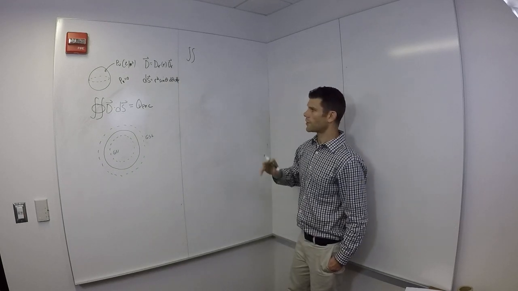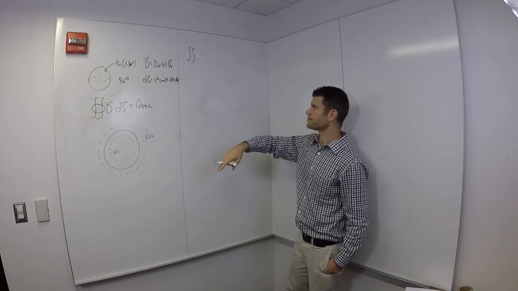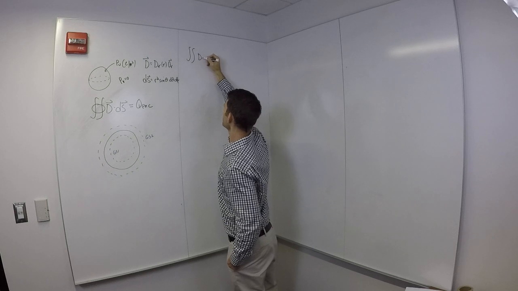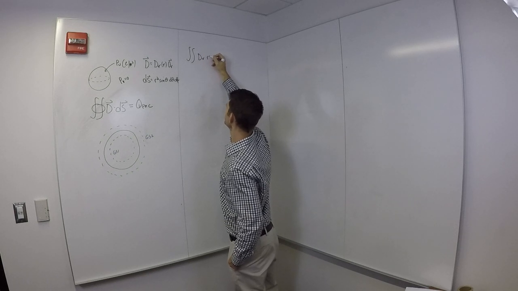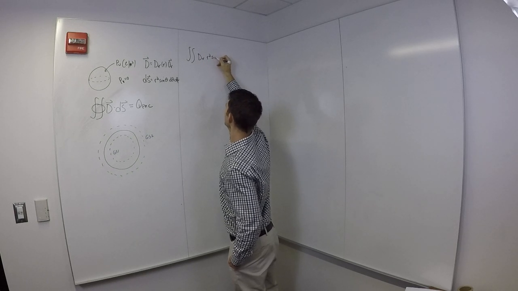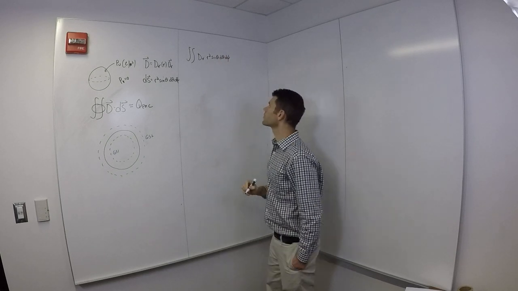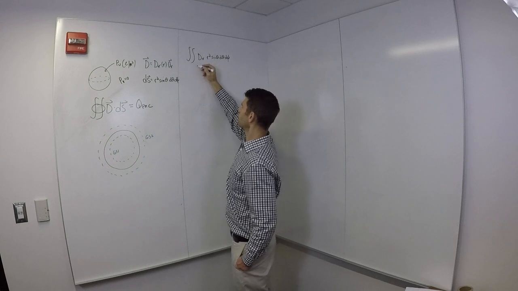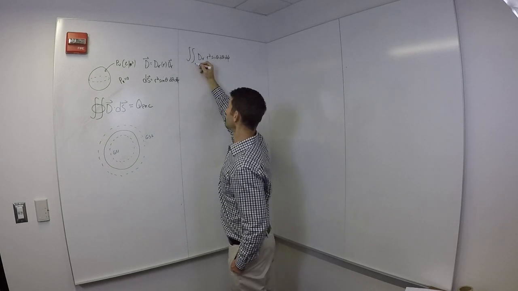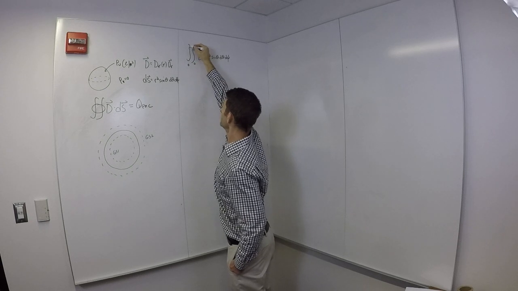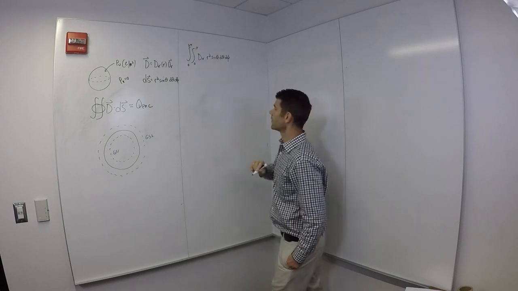So whenever we calculate D dot dS, we get D_r r squared sine theta d theta d phi. And then what are our bounds? Theta for a sphere goes from 0 to pi. Phi for a sphere goes from 0 to 2 pi.